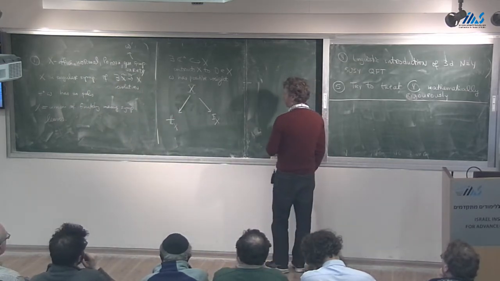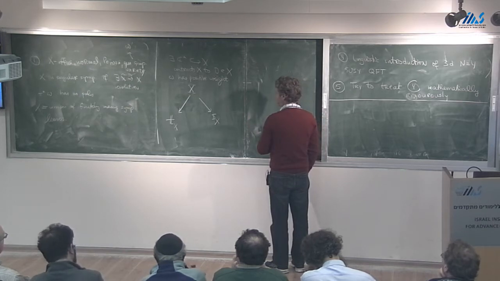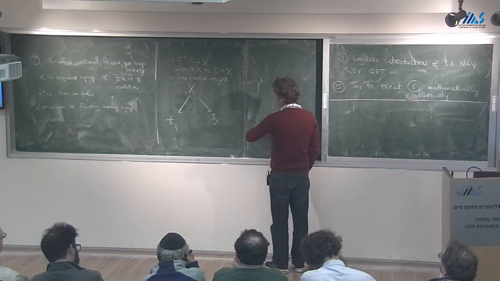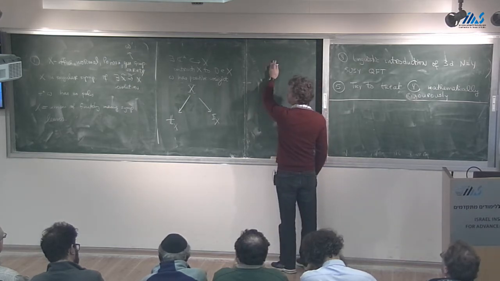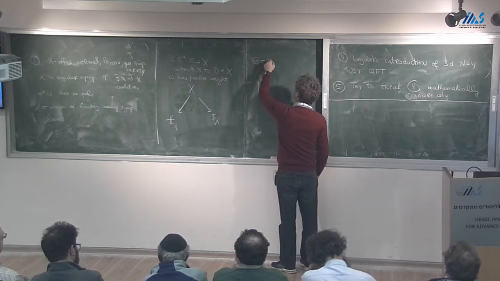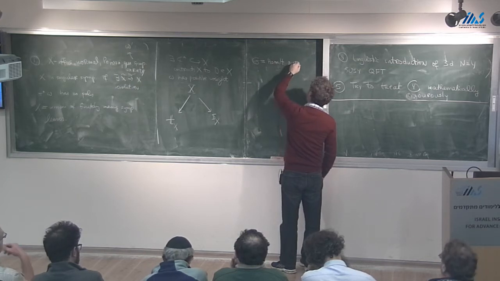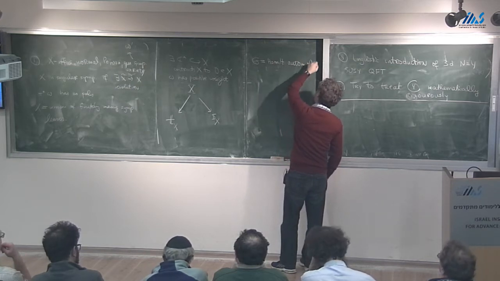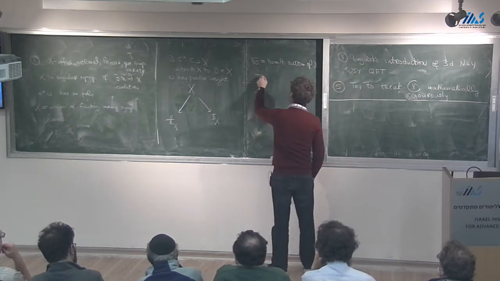So you take T_X to be the following. Well, let's even talk about complex vector spaces. Let G be the group of Hamiltonian automorphisms of X, commuting with, let's say, the whole structure, and let T be its maximal torus.